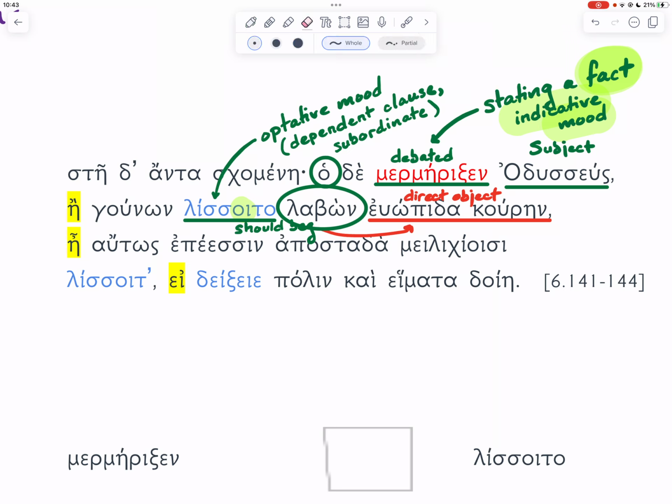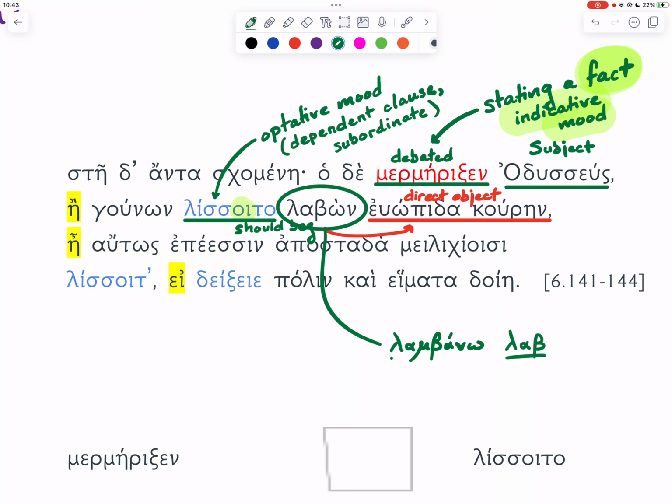While doing what? Labon comes from the verb lambano, which means to take. And if I see this stem lab, I know that it's not the present stem. This is present, but if it doesn't match up, we're not dealing with the present tense. So this is actually going to be the aorist tense. You can still translate it as -ing.